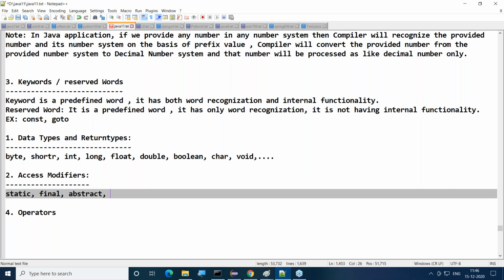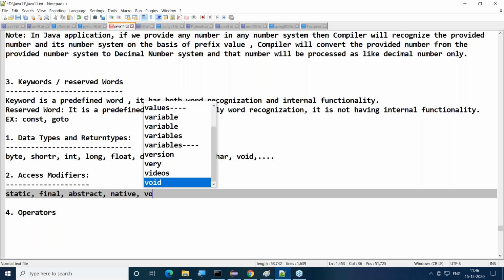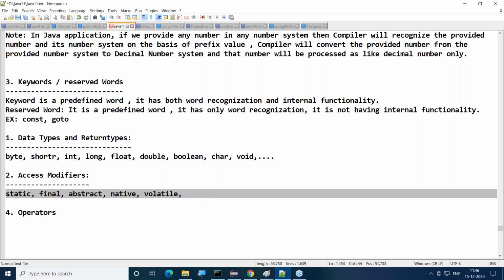Then what is next? Static, final, abstract. Then what next one here? Native, volatile, transient, synchronized, strictfp, and so on.